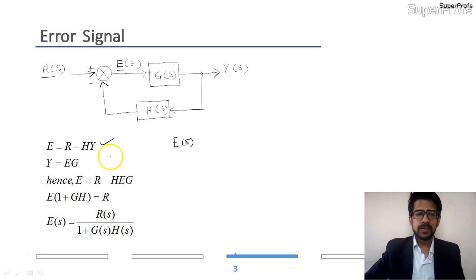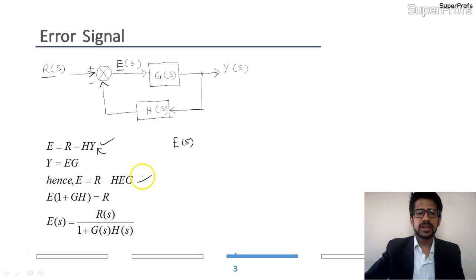So we will have to eliminate Y from the system. Now we know Y is equal to E of s into G of s. So replacing Y by E into G, we get E is equal to R minus H into E G.